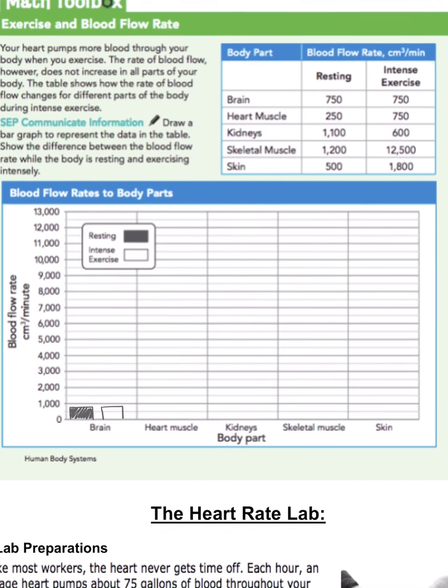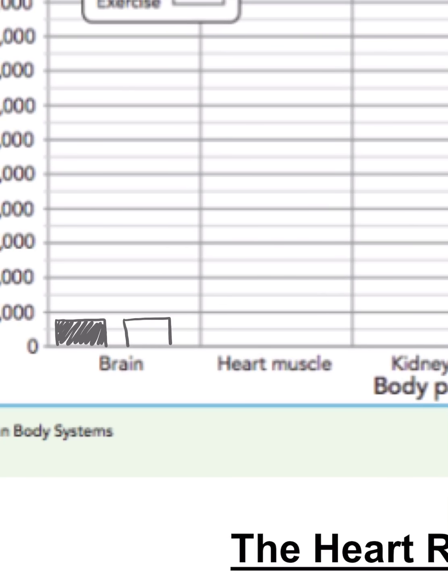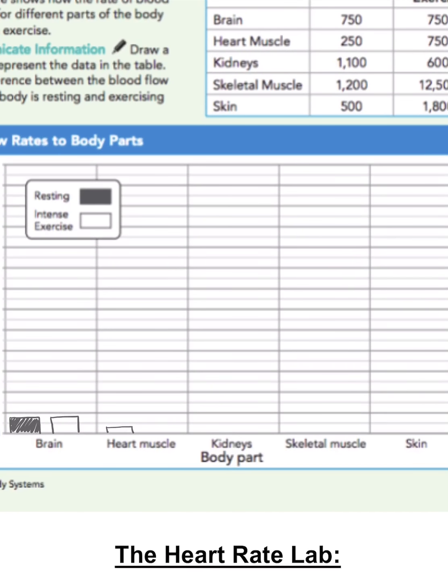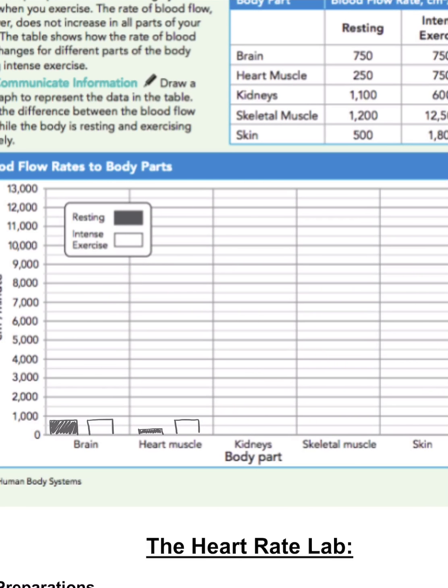Heart muscle is 250, and then intense exercise is 750. So I'm going to go to where I think 250 is. This middle line seems to be about 500, so I'm going to go half that. And then 750 for exercise, so I'm going to go up to where I think 750 is and draw a bar. Your kidneys have a big number here, 1100.